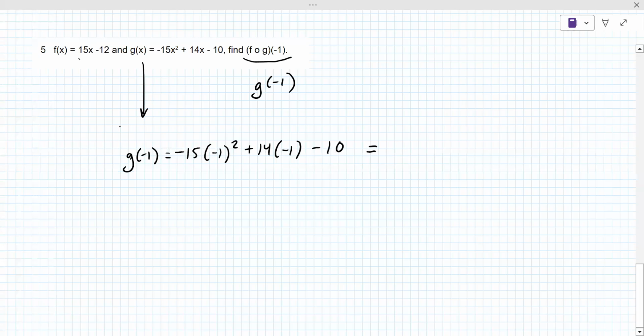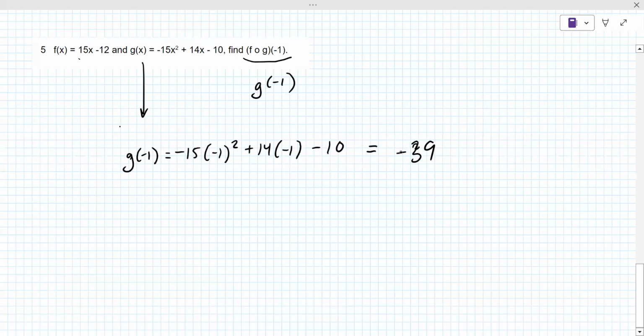Let me go pull up my Desmos. Negative 39. I agree. Good.